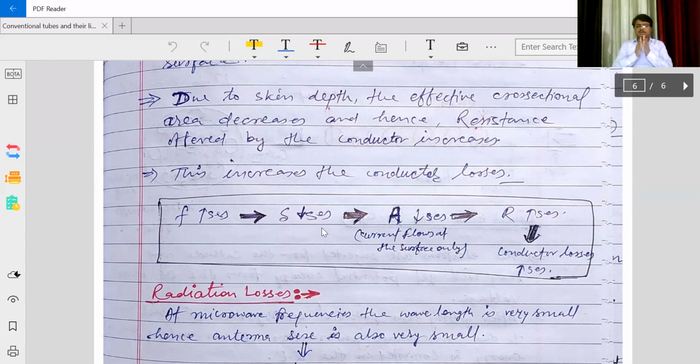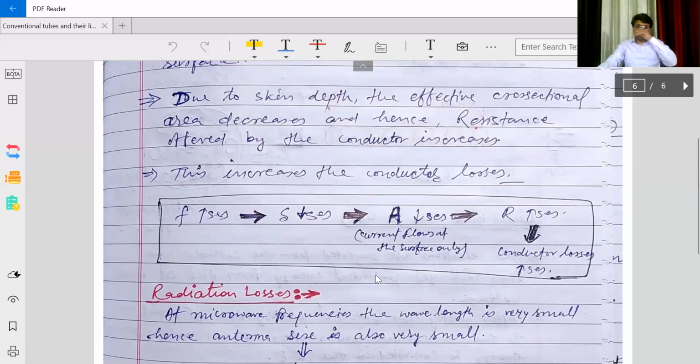If skin depth decreases, the current will start flowing on the surface. If the current flows on the surface, then the net cross-sectional area of the electron flow will decrease.